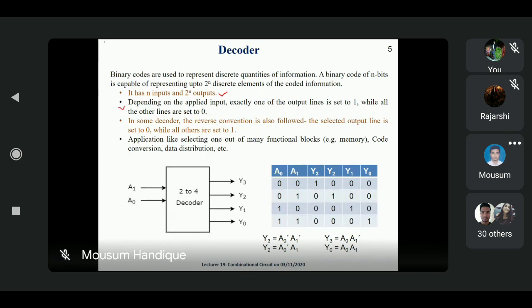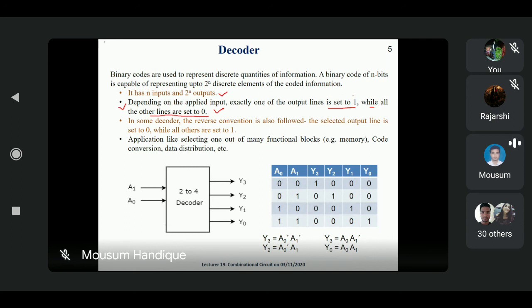Next point: depending on the applied input, exactly one of the output lines is set to 1, while all other lines are set to 0. But this is not mandatory; by default, designers use this concept.